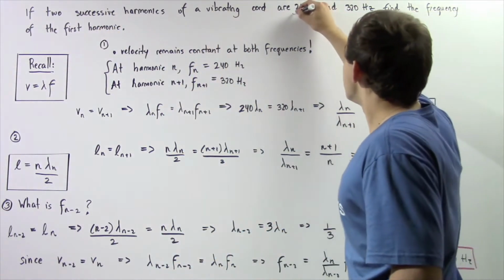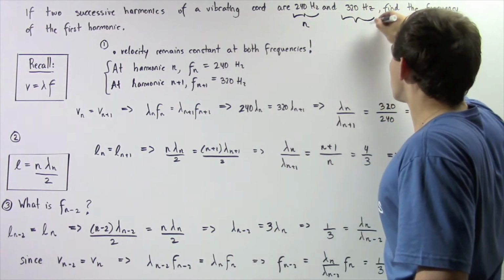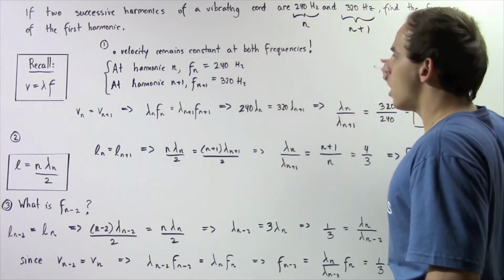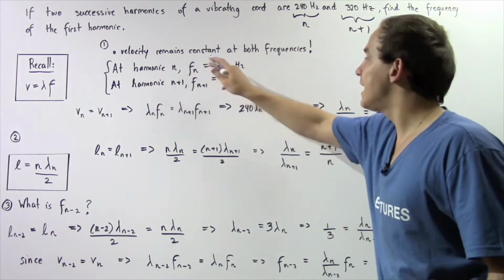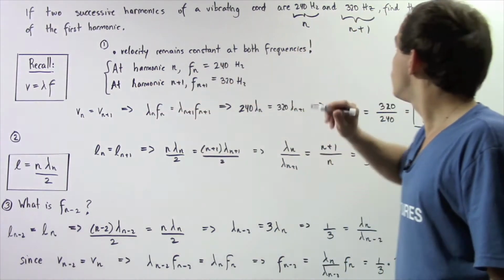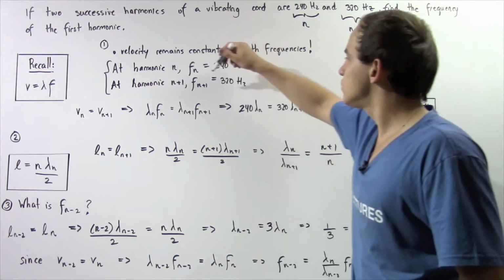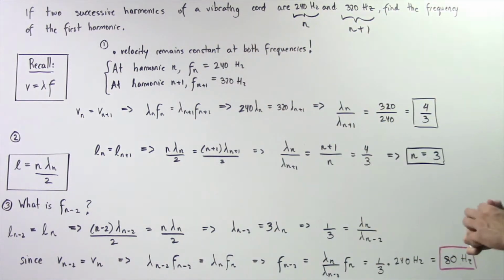So let's suppose this corresponds to harmonic n, then this must correspond to harmonic n plus 1. So at harmonic n, our frequency Fn is equal to 240 Hz, and at harmonic n plus 1, our frequency Fn plus 1 is equal to 320 Hz.